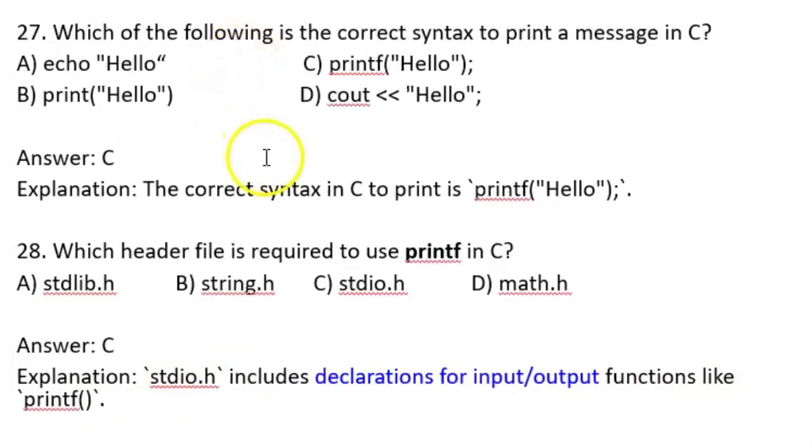Question 27. Which of the following is correct syntax to print a message in C? A, echo hello; B, print hello; C, printf hello; D, cout hello. The correct C syntax is C, printf hello.